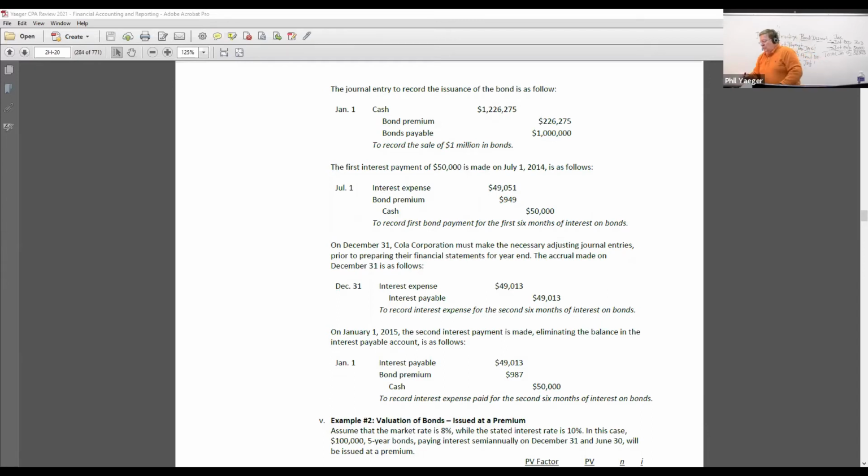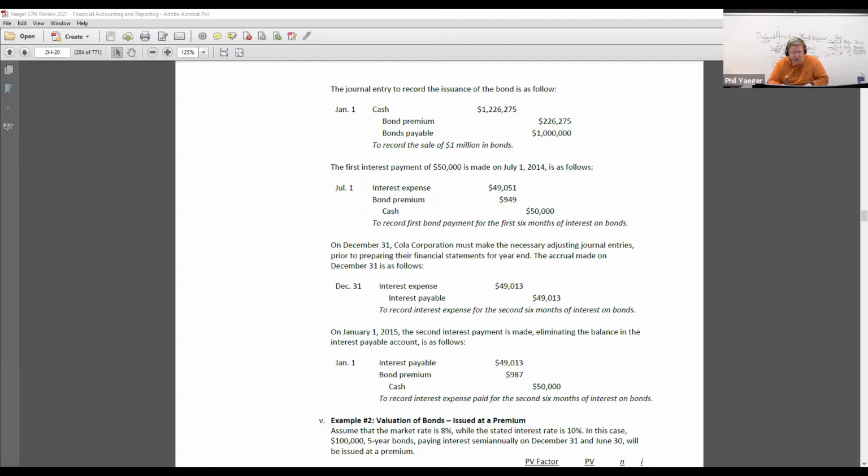All right, so this is where the error is in the book. You can cross this out. Let me give you the correct entry. First of all, every time you pay interest or accrue interest, you must amortize your discount or premium. So I'm going to debit interest expense for 49,013.